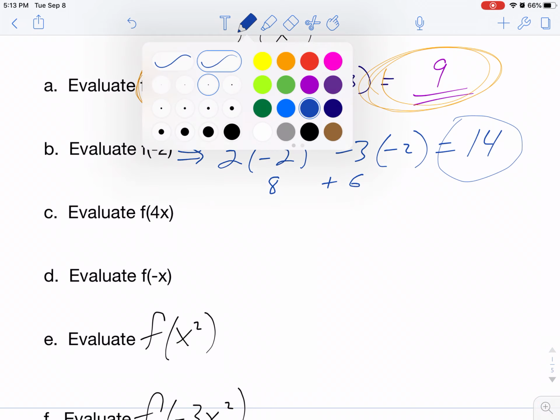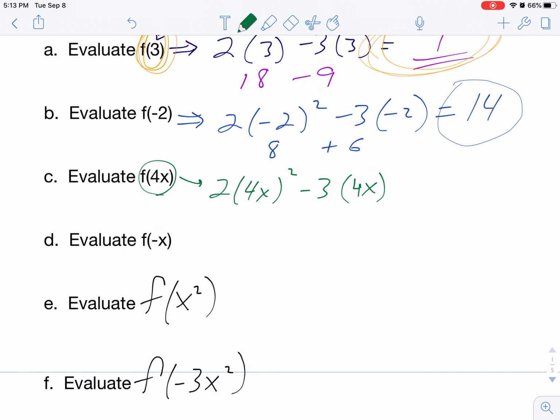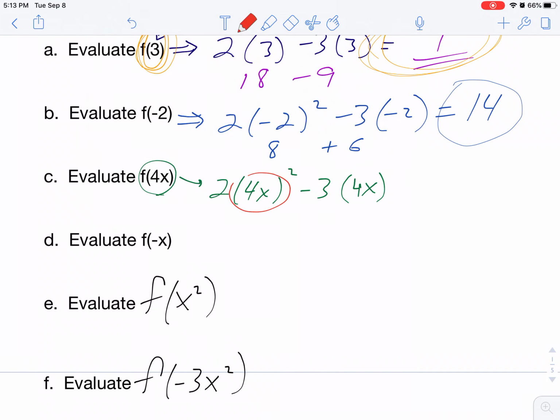Now we get to something that's a little bit more difficult. For part C here, I'm asking you to substitute in a 4x, f of 4x. And you notice I pretty much always use parentheses for this. That's the way I show my work. But now we have to square 4x and then times it by 2.